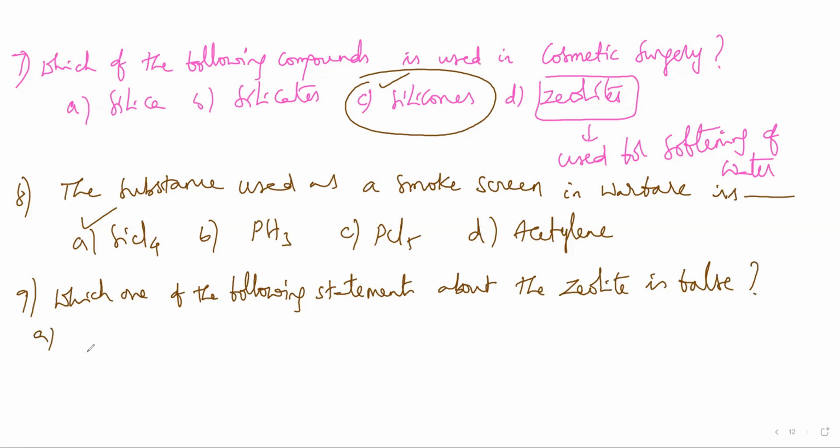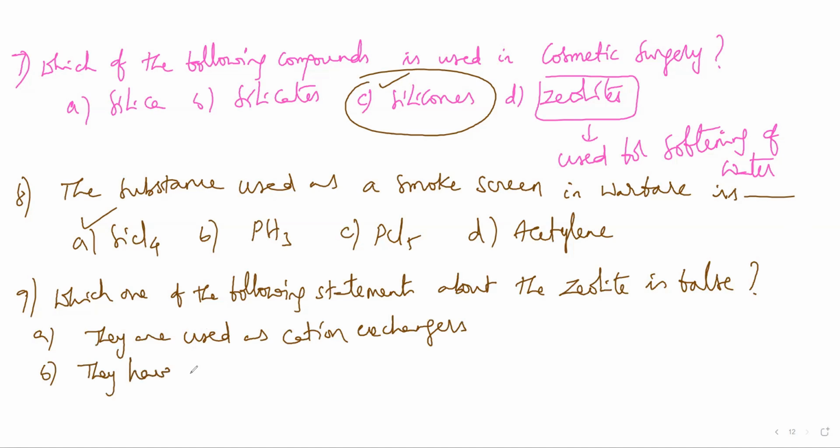Which statement is false regarding zeolite? A, they are used as cation exchangers. B, they have open structure.